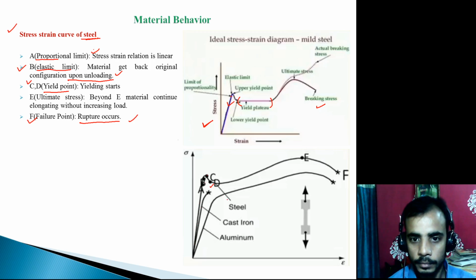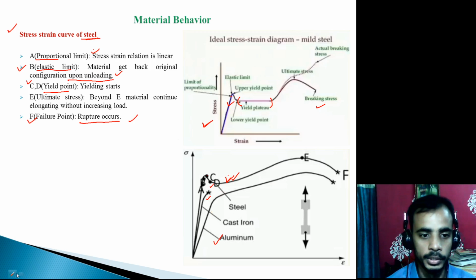This is the stress strain diagram for a steel, or you can say mild steel, and this is the stress strain diagram for a cast iron. Cast iron is a brittle material, and this is for aluminium. So these are the different types of stress strain curves for different materials.